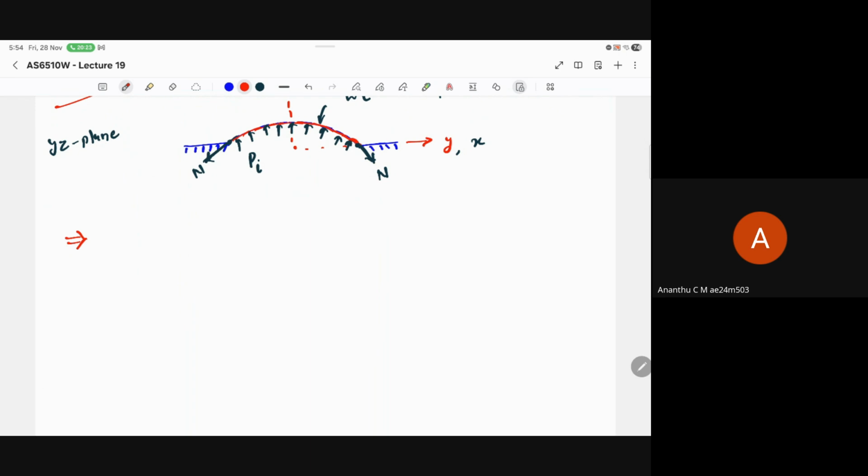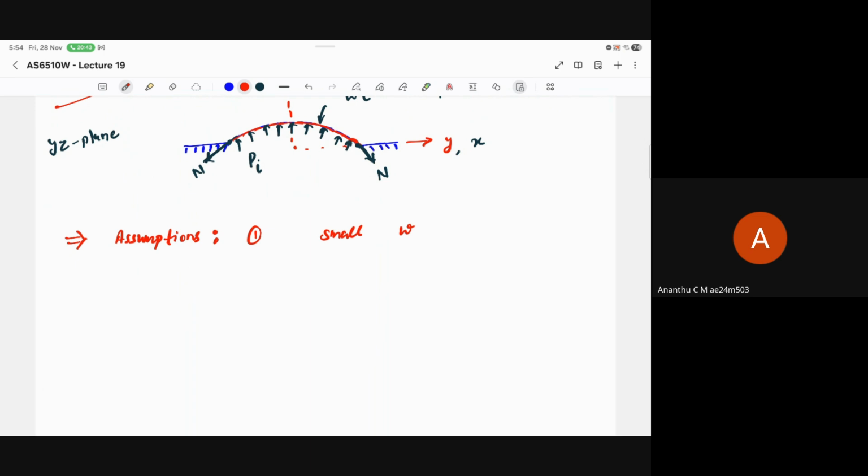For that, we will basically make some assumptions. So first assumption is basically we will consider a small displacement W. So we are not having a very large displacement for the membrane.